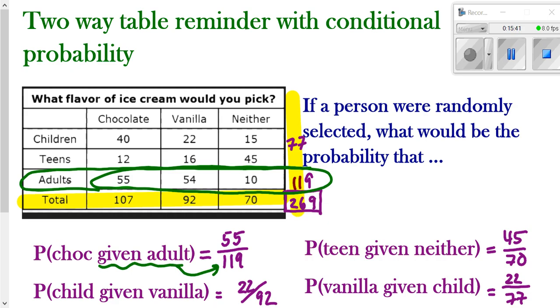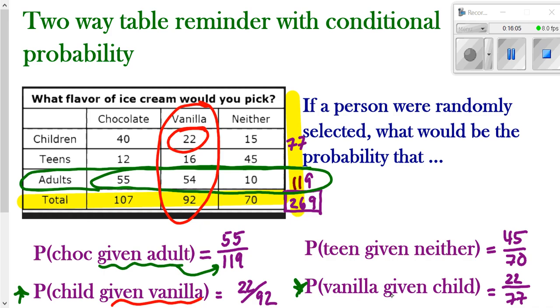Then the rest of them work very similarly. I do think that these last two in relation to each other are a nice compare and contrast. So probability of child given vanilla means you have the vanilla subgroup. And then within that, you're going to have 22 out of those 92 who are children, okay, within the vanilla group.